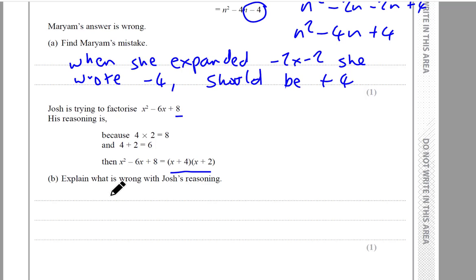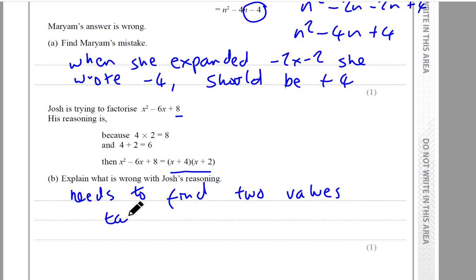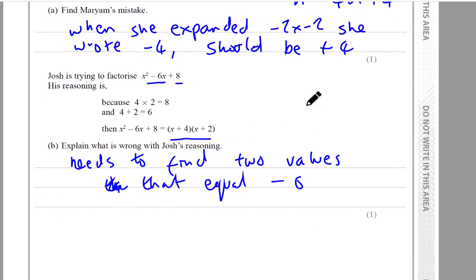So Josh needs to find 2 values or factors that equal minus 6, not 6, right? Because there's a minus 6x here. That will get you your 1 mark.